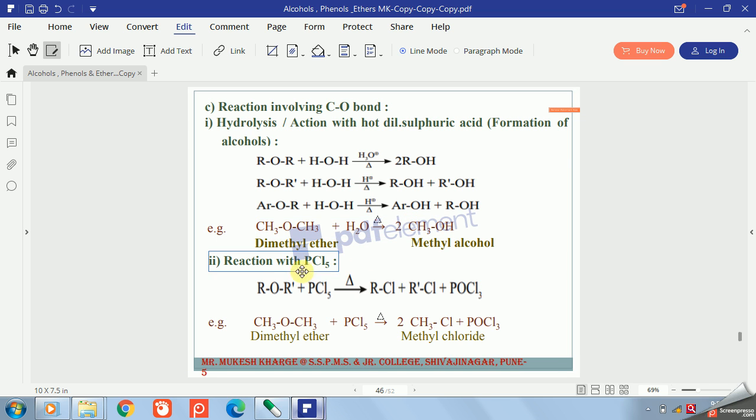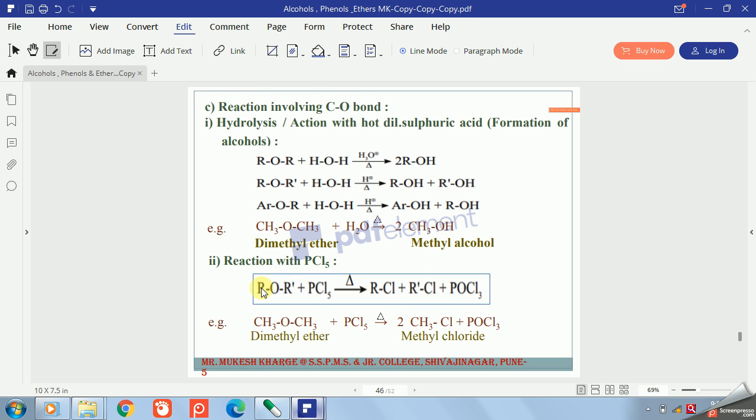Then the next reaction is the reaction with PCl5, phosphorus pentachloride. When ether is heated with phosphorus pentachloride, we get alkyl chloride. If it is a simple ether, we get only one type of alkyl chloride and phosphoryl chloride. And if the ether is a mixed ether, then we get two different types of alkyl chloride.